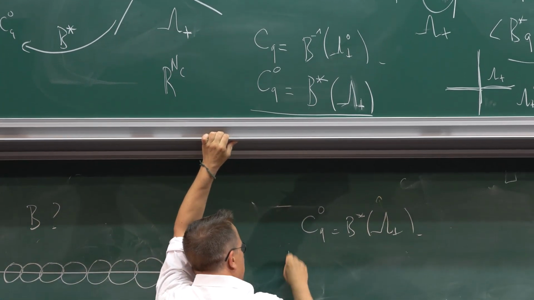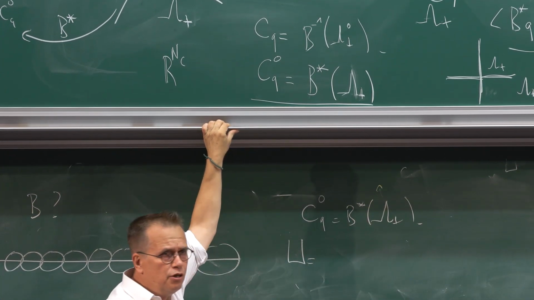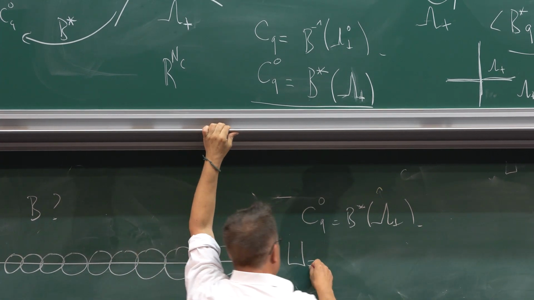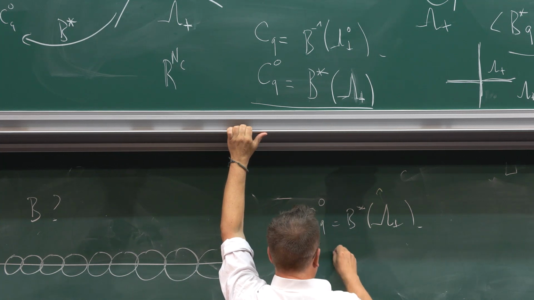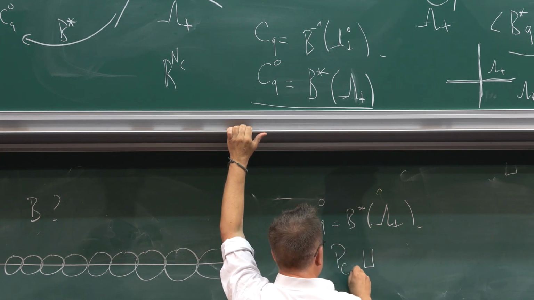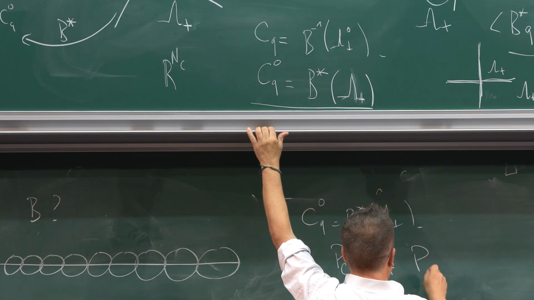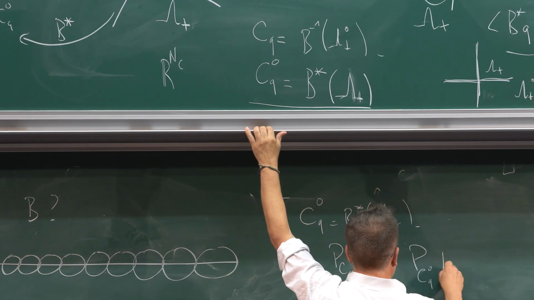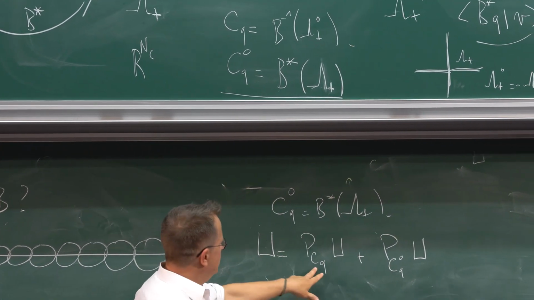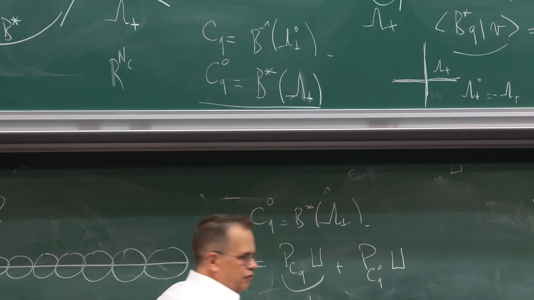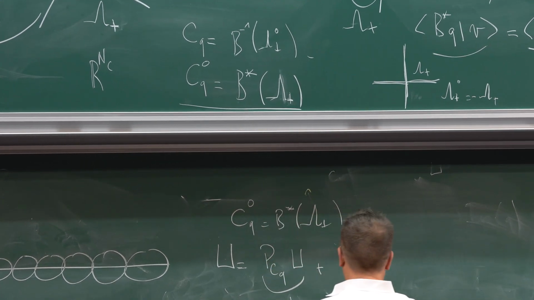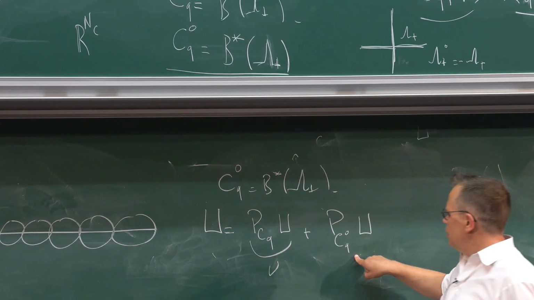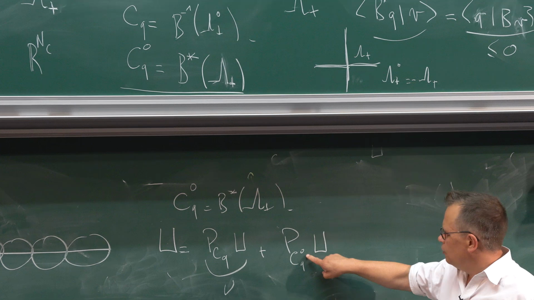Let me get back to the fact that I had the decomposition of capital U, the desired velocity, as the projection on CQ plus the projection on CQ polar. So this is u, the actual velocity of the population, and this is an element of the polar.